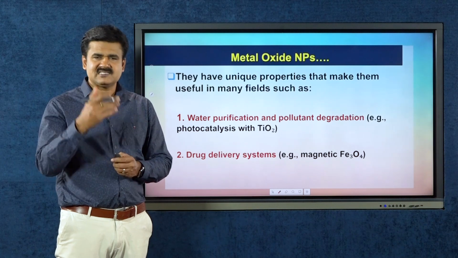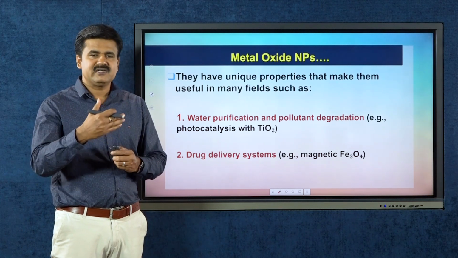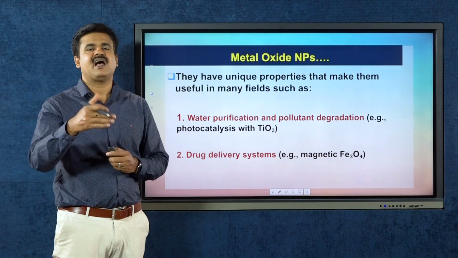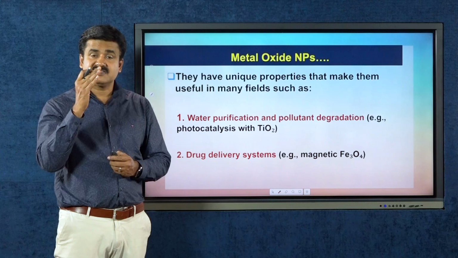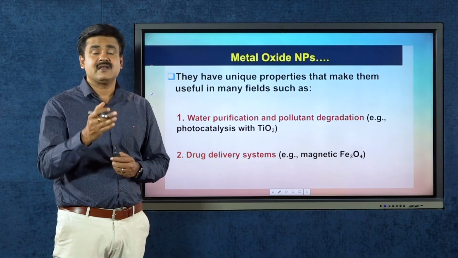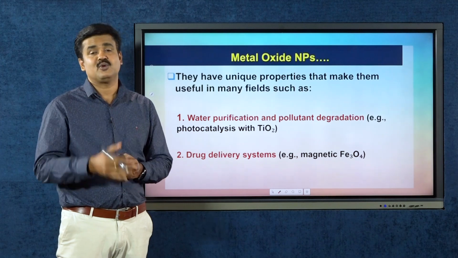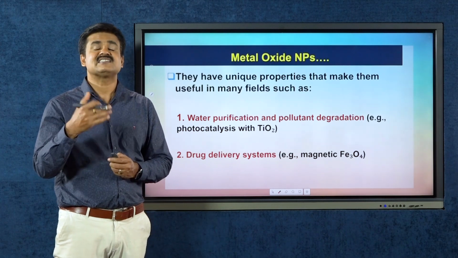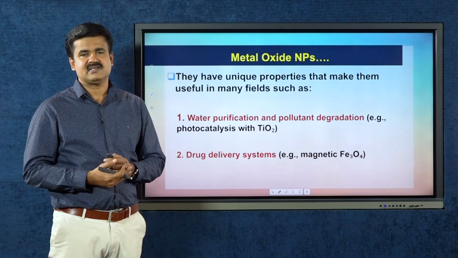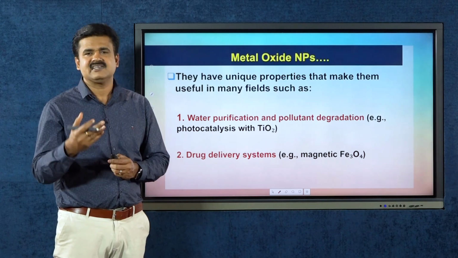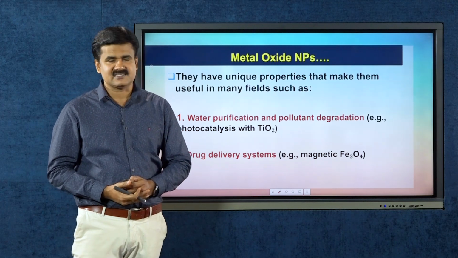So, this iron oxide nanoparticle along with the drug will move selectively through the veins and reach the site where the drug is required. At that site, the nanoparticle releases the drug which is placed on its surface. This is the mechanism of drug delivery. So, magnetic nanoparticles like magnetite or Fe3O4 are highly useful in drug delivery systems.